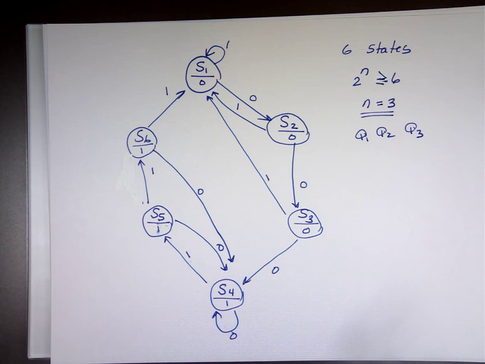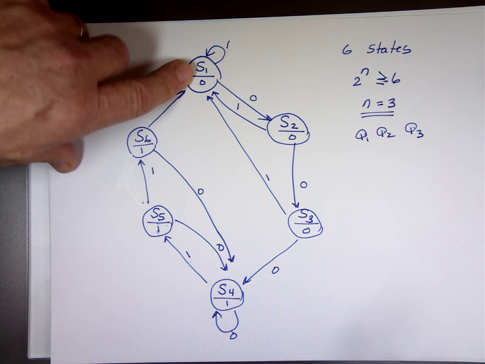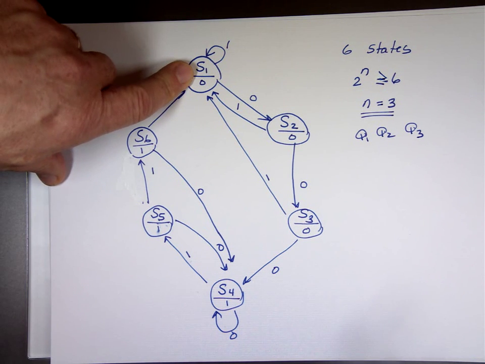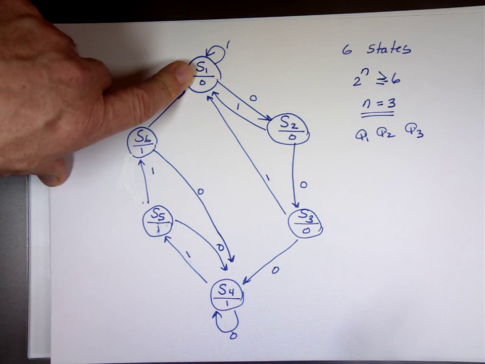You have 3 flip-flops. So maybe state 1, I will label it as what? 0, 0, 0? Want to make it 0, 0, 1 and make 0, 0, 0 don't care? It's up to you.